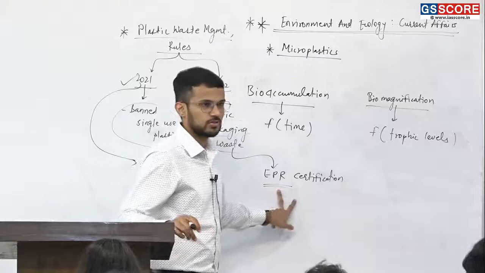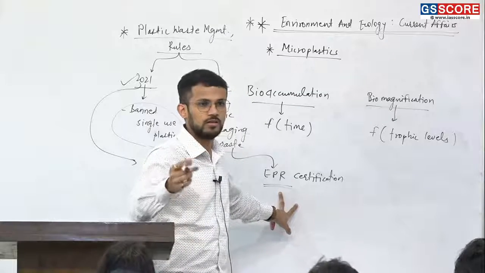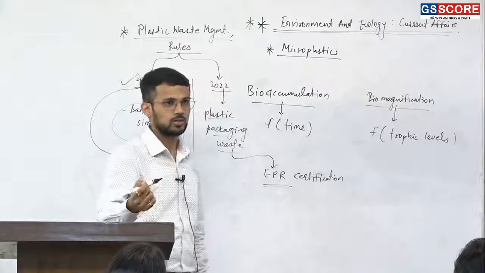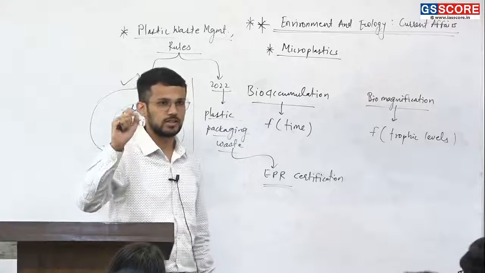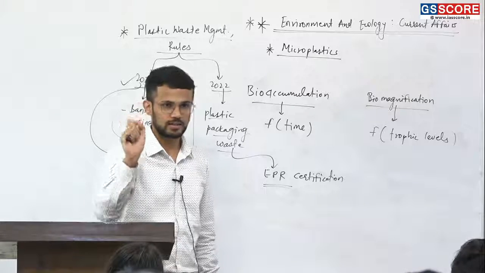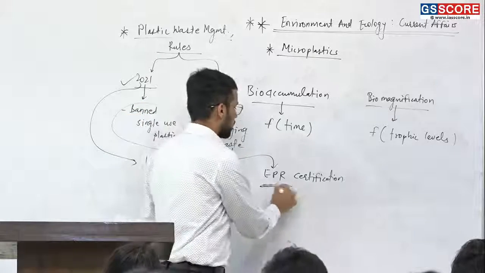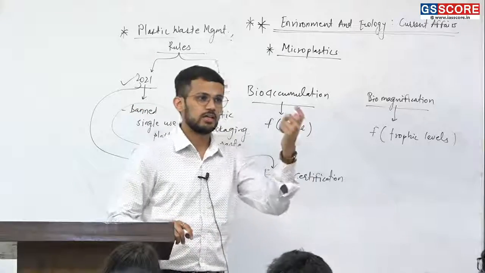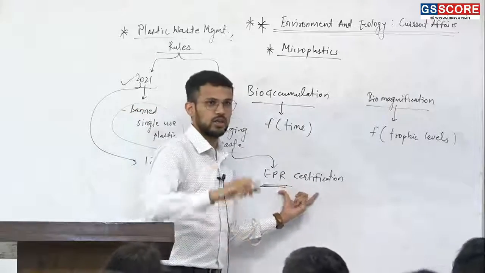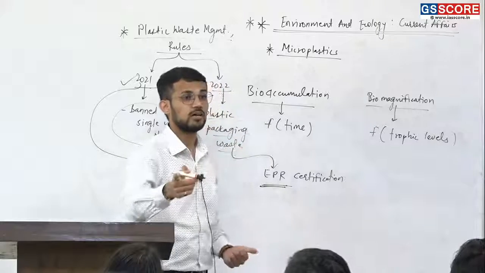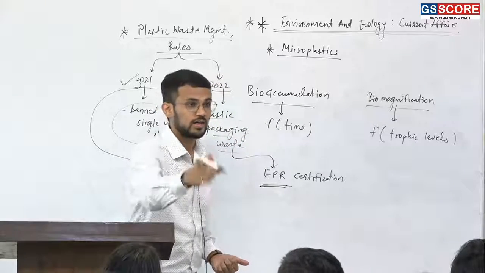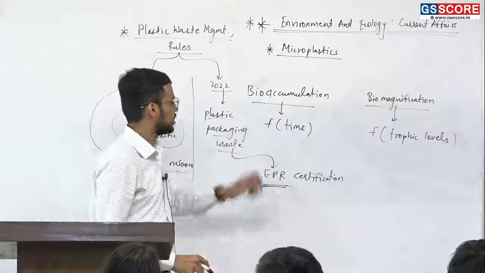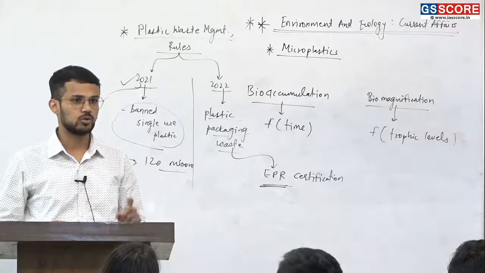So EPR certification has been allowed, wherein the producers and distributors of plastic packaging material will have targets related to plastic waste management. If they exceed those targets, they will get EPR certificates. Those EPR certificates are tradable. Fine. So that is what is done under these 2022 rules.